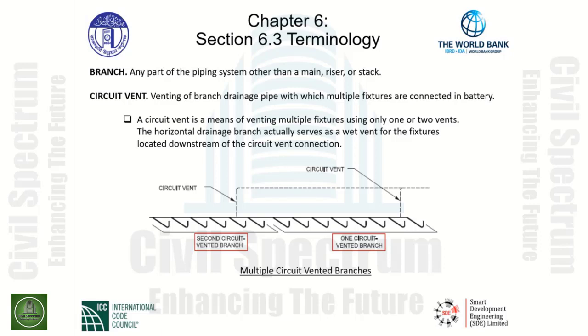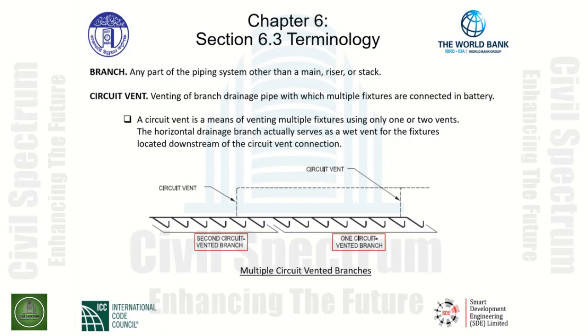The vent rises vertically on the horizontal drainage pipe. This is what we call the circuit vent for battery 1. Now downstream, we need to size the piping accordingly to pick up the second circuit vented branch.